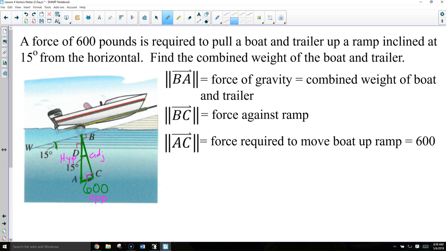So the one that uses opposite and hypotenuse is the sine. So we'd say the sine of 15 degrees is equal to 600 over x, where x represents the magnitude of vector BA. If x is on bottom, we swap them. So I'm going to take 600 divided by the sine of 15 degrees.